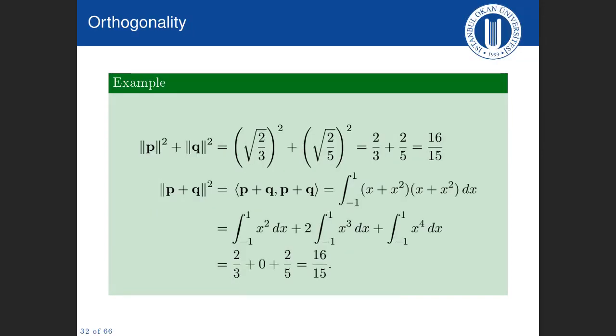So we want the inner product of p plus q with p plus q, or to say it another way, we want the integral from minus 1 to 1 of x plus x squared multiplied by x plus x squared. And if you check this for me, you will see that we do actually get 16 over 15. Of course we did. The Pythagorean theorem told us that we should get 16 over 15.